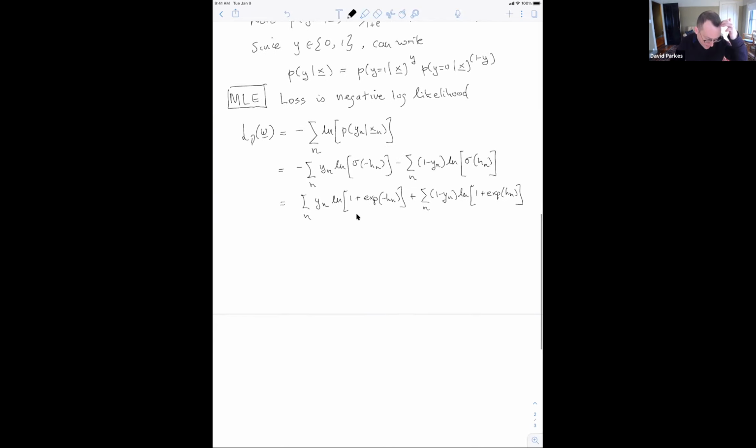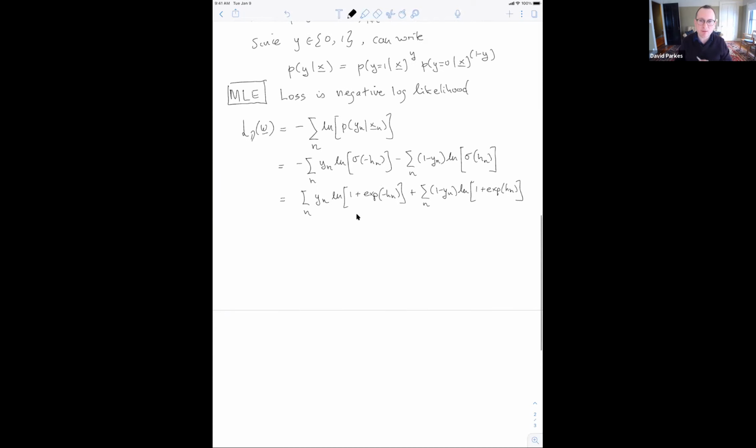So it's just algebra, but it gets us to an extremely interesting place. Here's where this gets us to. Now we can think about this term over here as the loss on a negative example. This log of 1 plus e to the h_n, that's the loss on a negative example. That's exactly what we've written down, the loss function.